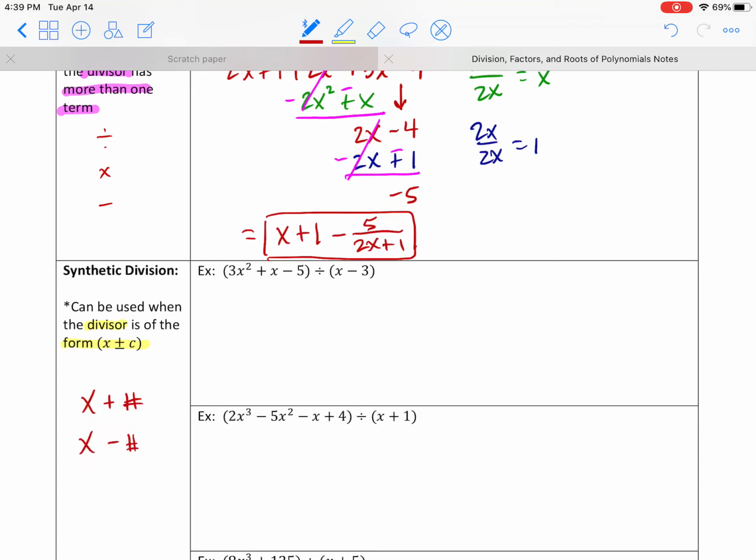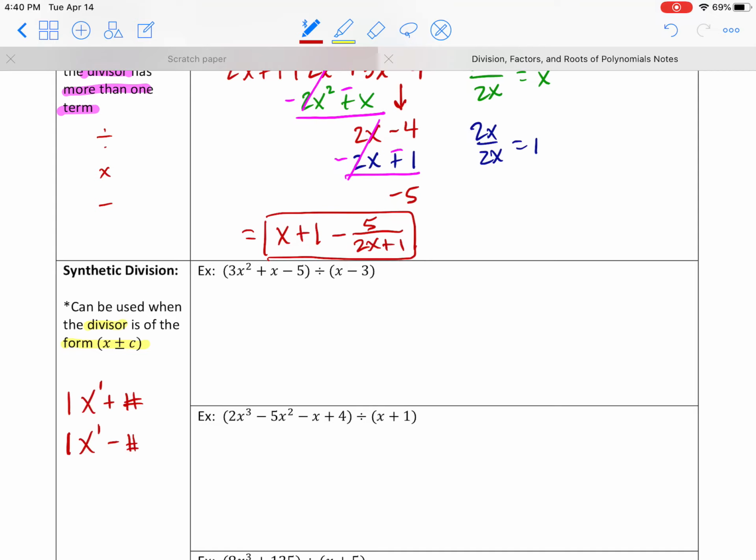That means you can have x plus a number or x minus a number, but the coefficient of x has to be a 1, and the exponent of x has to be a 1. So if your divisor looks like that, then we can use synthetic division.